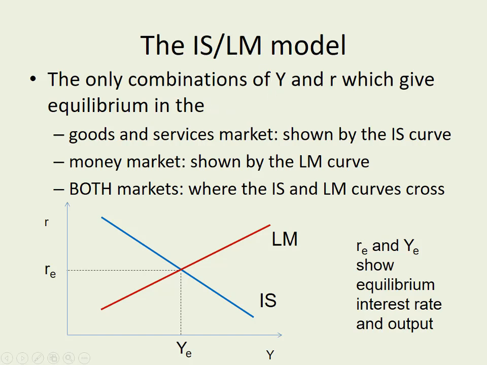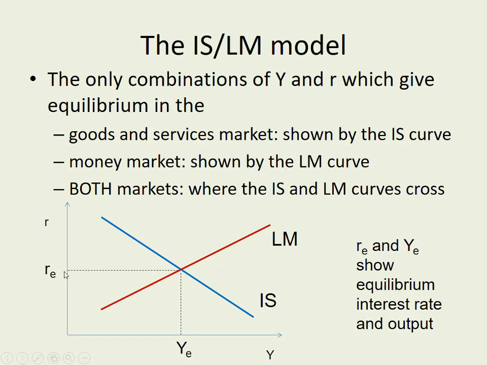The blue one is the only combinations of Y and R which give equilibrium in the real goods and services market, equating investment and saving. And the money market is the red curve. These are the only combinations of interest rates and output that give equilibrium in the money market. So the only place where both markets are in equilibrium is here.